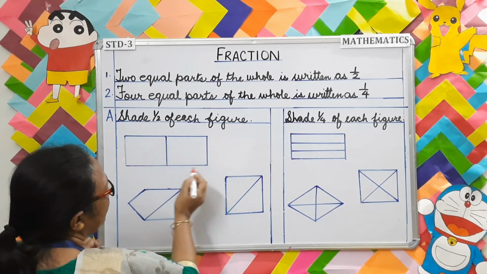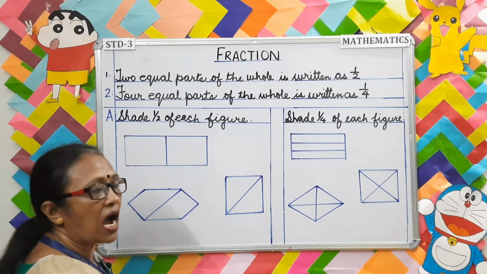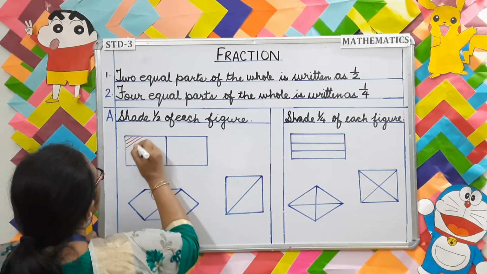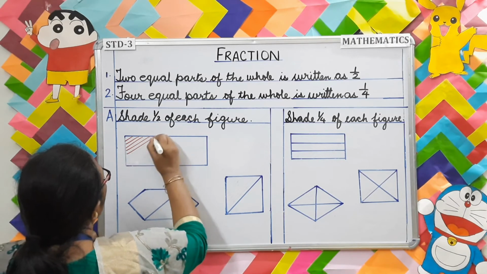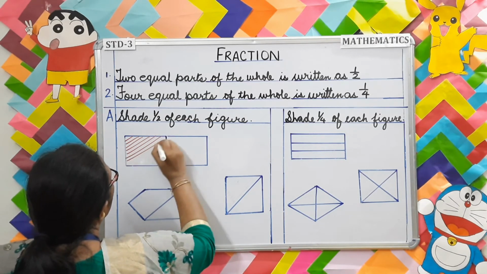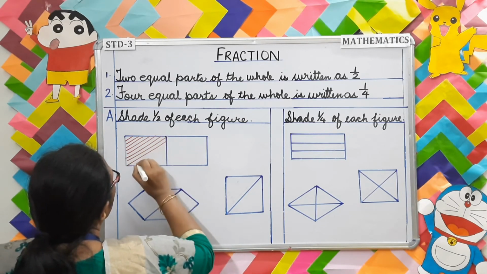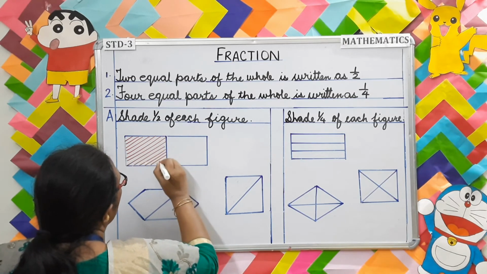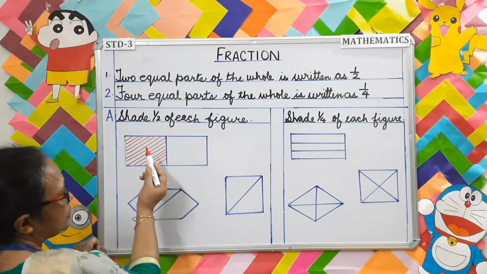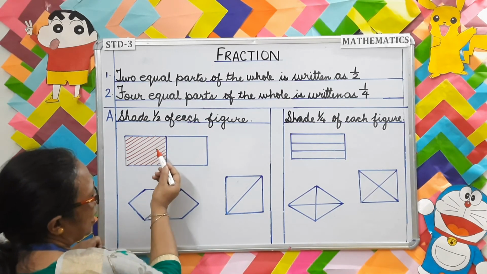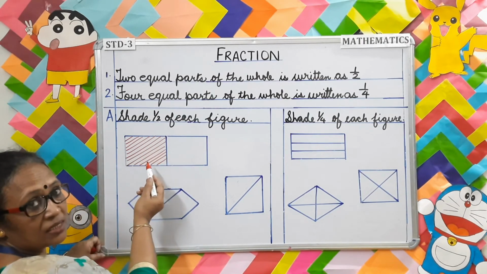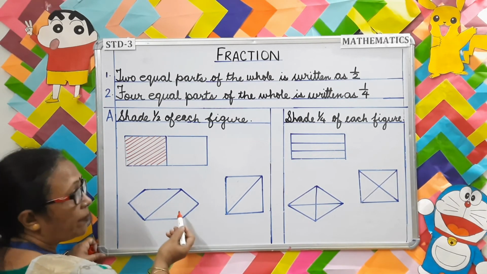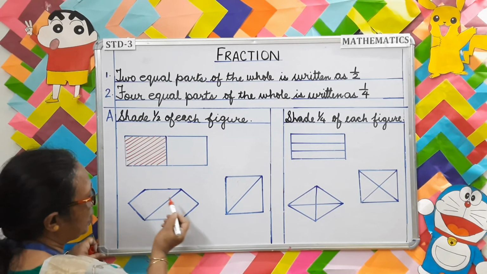Shade half of each figure. Now, this is a figure. You have to shade half. So, let's shade half, children. Now, I have shaded half. It's two parts and one part is shaded. Now, here in this figure, how many parts are there? There are two parts, 1 and 2.